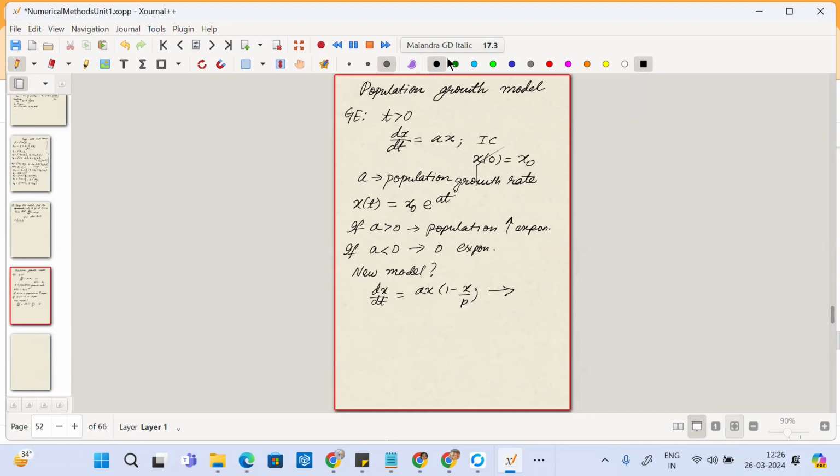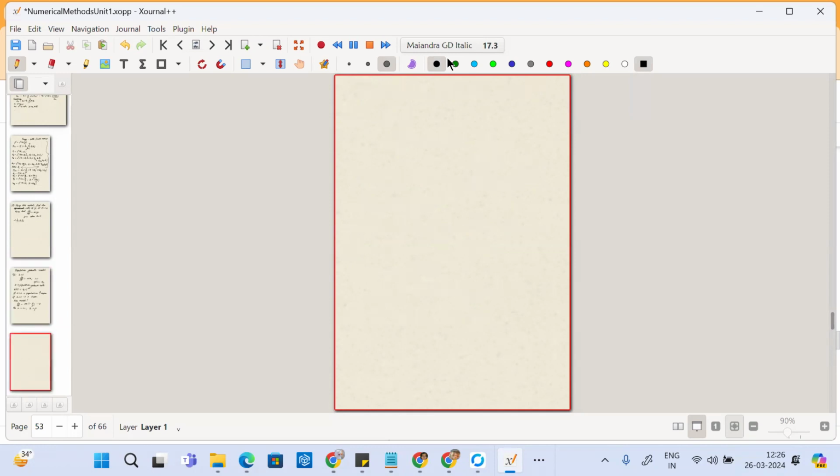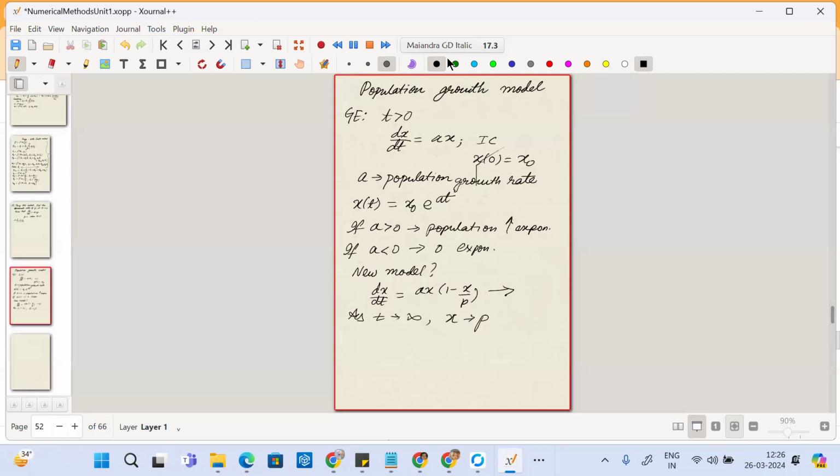What result you will get, I'm telling you, you can double verify it: as time t tends to infinity, in a long time run, your population x approaches p. It is a good model because at least the population is settling to some value instead of just going somewhere or just decreasing continuously. All right. So next class, maybe one of you can come to the board and solve this.